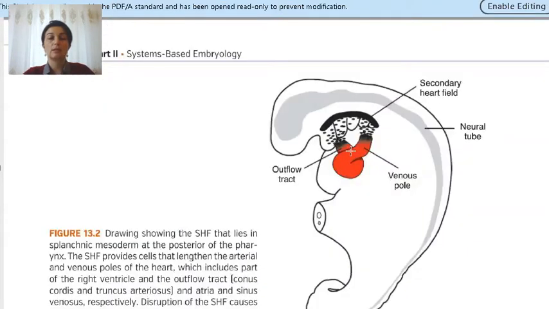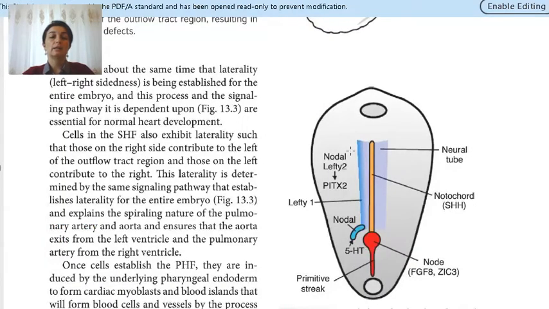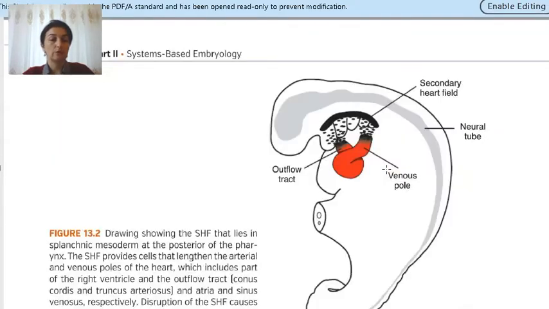Then we have to mention that formation of the heart tube takes place at the same time as the bilaterality is established. The cells which form the heart chambers will have some order in right to left position, so that we will have laterality in the location of the heart.